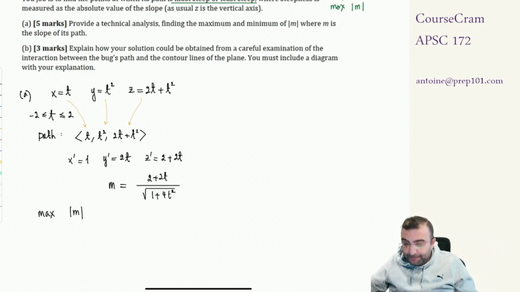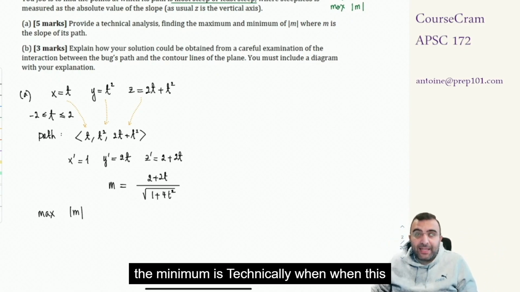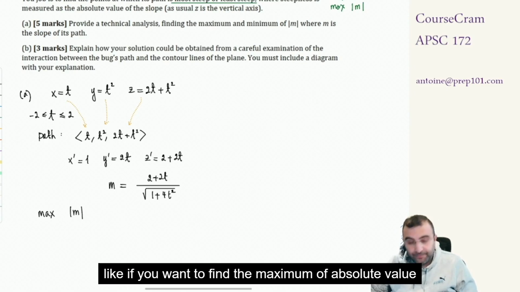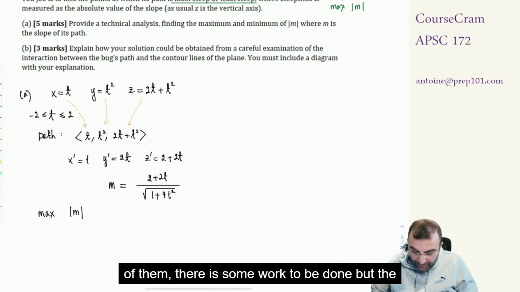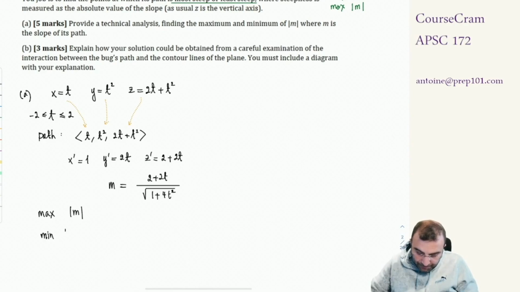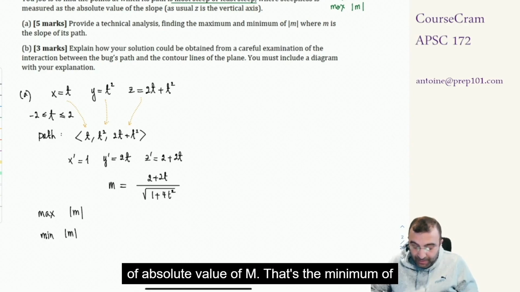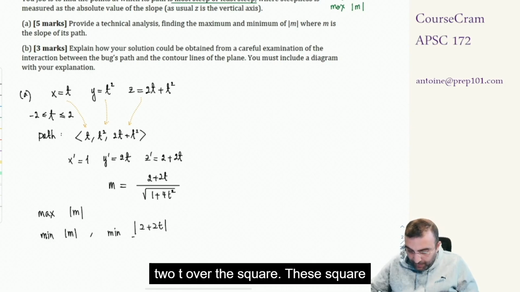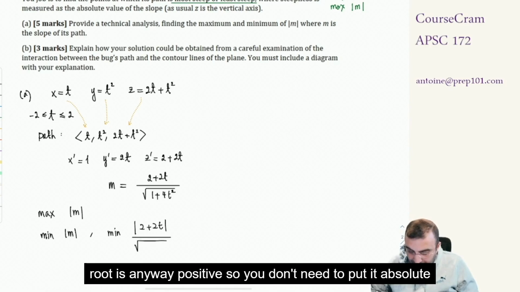And the minimum is technically when this is equal to 0, right? If you want to find the maximum of the absolute value of m, there is some work to be done, but the minimum of the absolute value of m, that's the minimum of the absolute value of 2 plus 2t over the square root. The square root is anyway positive, so you don't need to put an absolute value on it.